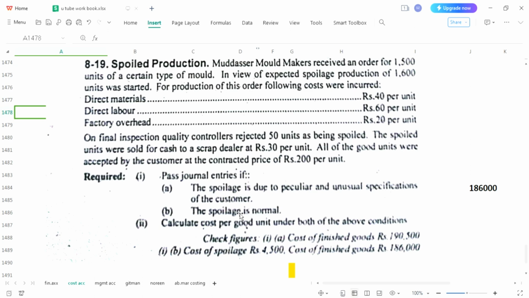Spoiled units are damaged products which cannot be repaired, so you will sell them as B pair instead of A pair, at a price far less than the standard price fixed for good units.